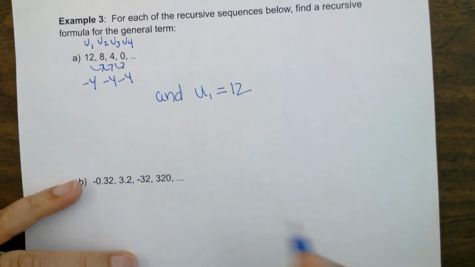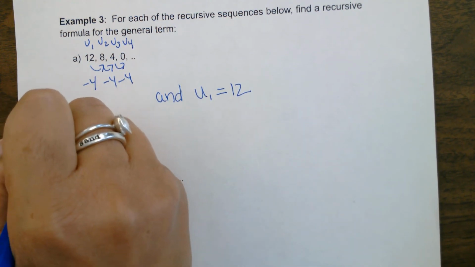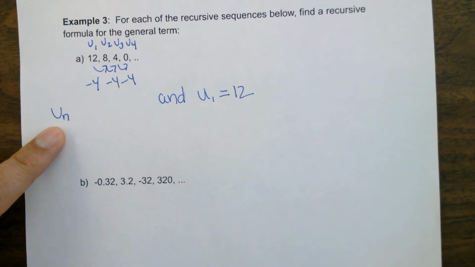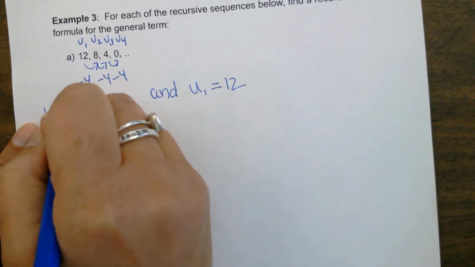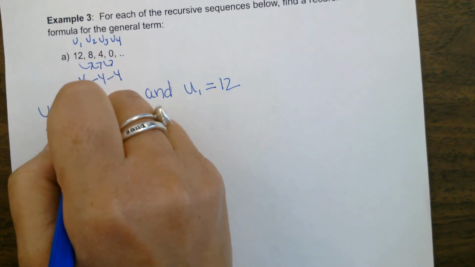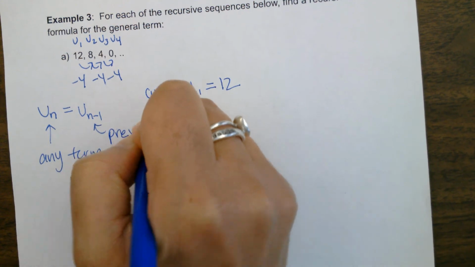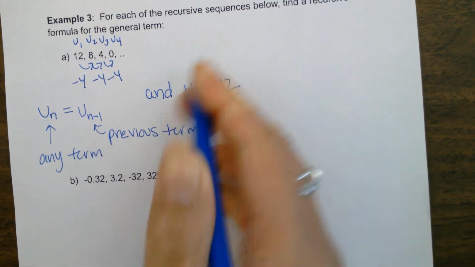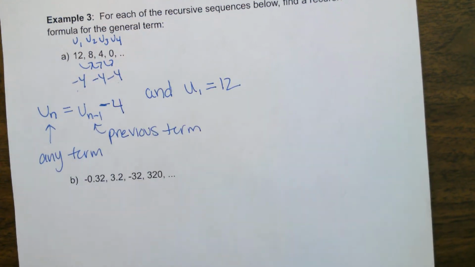Let's write the general form now. So let's write that formula. In order to find any term, this is u sub n, any term, what are we going to do? We're going to take the previous term, and what are we going to do to it? Well, what do we keep doing here? We're just going to minus 4.